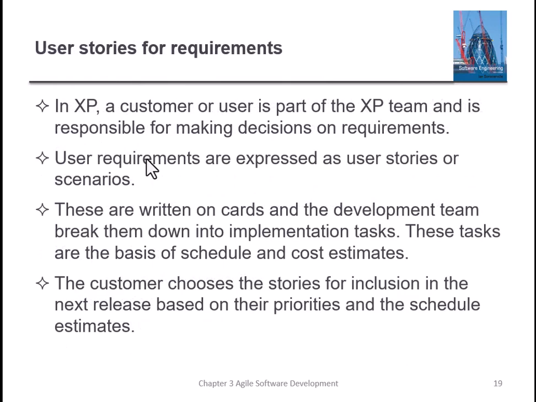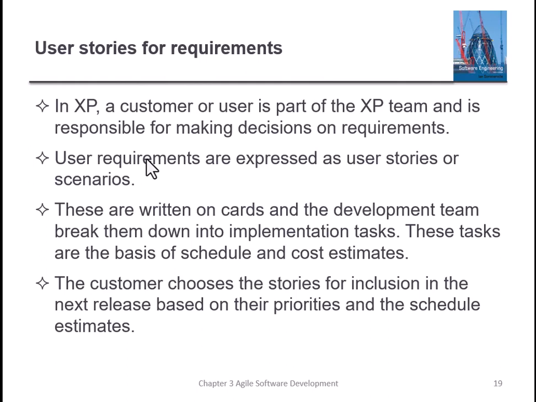User stories: in extreme programming, a customer or user is part of the team and is responsible for making decisions. User requirements are expressed as user stories or scenarios. We can also call user stories scenarios. Scenarios may originate from the existing system, or come from the developer's mind, and can be negotiated with the developers.